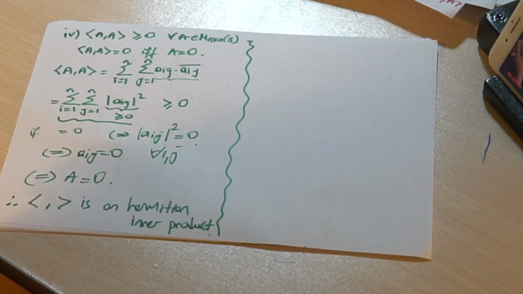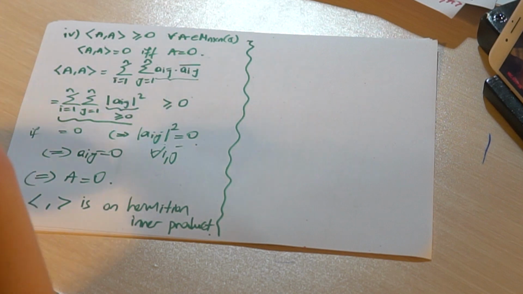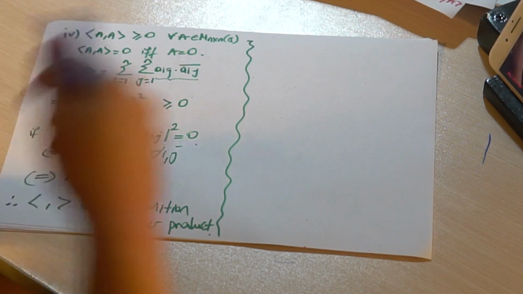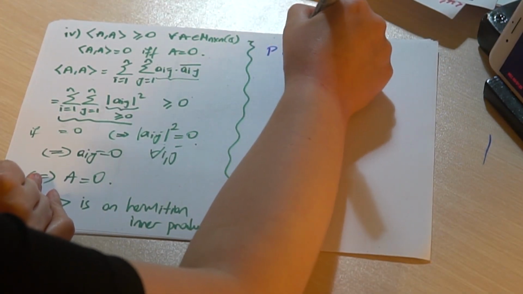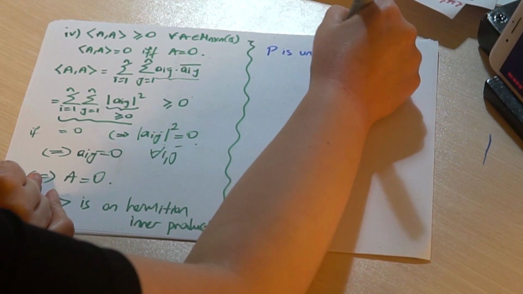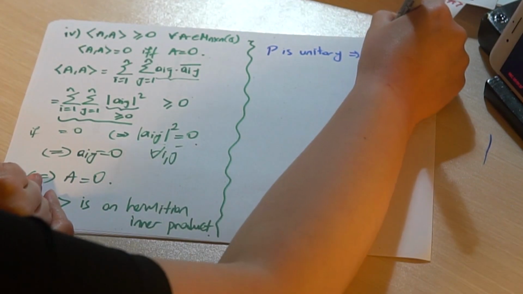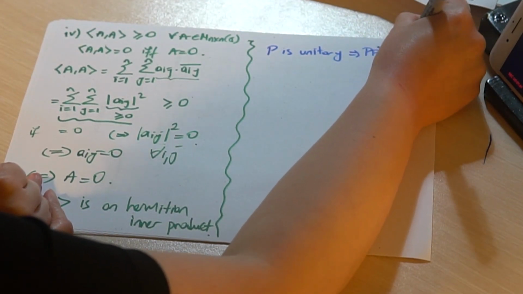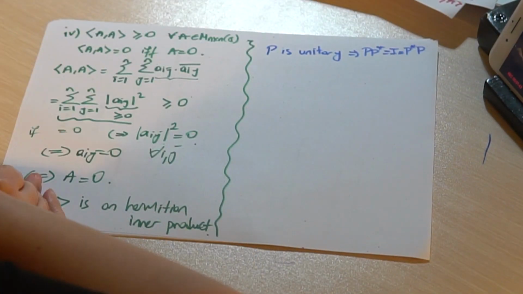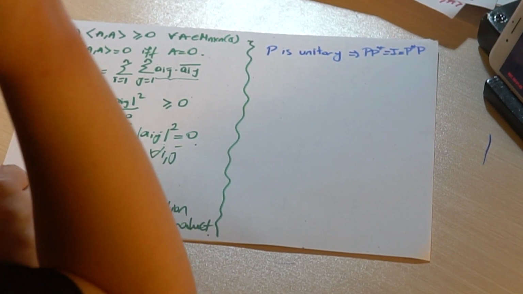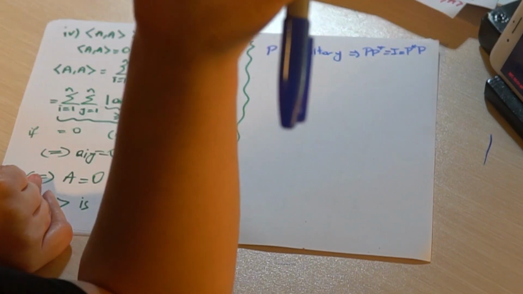Now, unitary matrix means that, let's use this one. P is unitary implies that P times P adjoint is equal to identity. Also, P adjoint times P is also identity. So this means this is unitary.